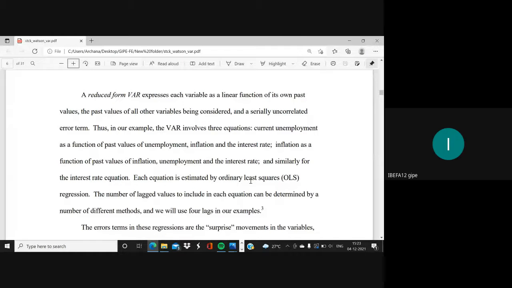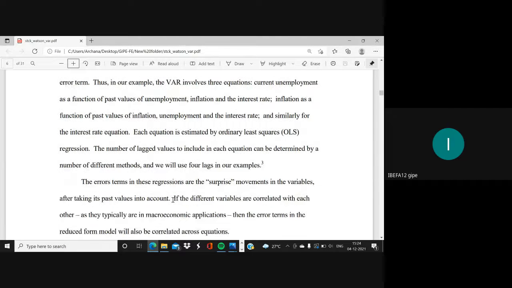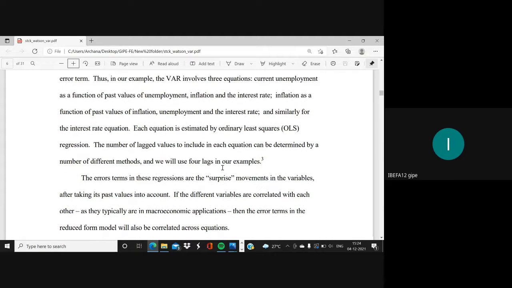Now each equation is estimated by OLS since the right hand side variables are identical. Then the number of lagged values to include in each equation can be determined by a number of different methods. I'll come back to that and discuss it later. Here they are using 4 lags in their example.